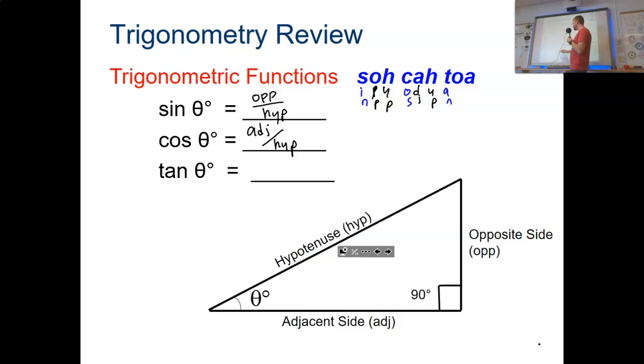Which one of these is adjacent and which one of these is hypotenuse? Sometimes you get those screwed up. The hypotenuse is always the longest one, so by process of elimination, the adjacent side is going to be the one right next to that is not the hypotenuse. Tangent is opposite over adjacent.